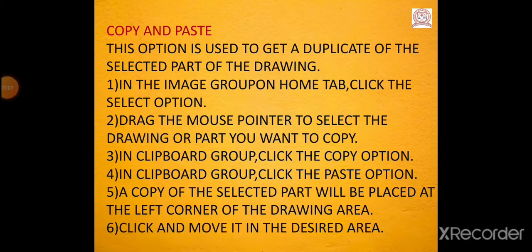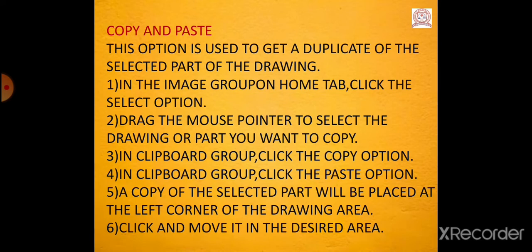Now let's move to copy and paste. The copy option is used to get a duplicate of the selected part of the drawing. The steps are: in the image group on the home tab, the select option is to be clicked. Drag the mouse pointer to select the drawing or a part of the drawing you want to copy. Then again in the clipboard group, click the copy option and then click the paste option.